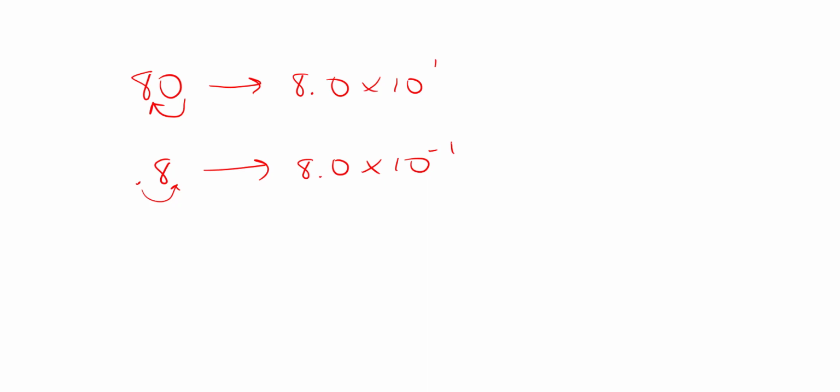Let's go the other way around. Let's convert from scientific notation to standard. So really, all the numbers you see, when you see like 8,256, we call that standard notation.